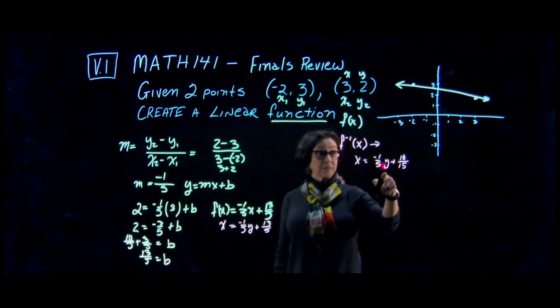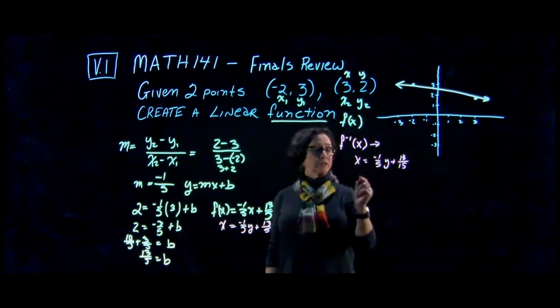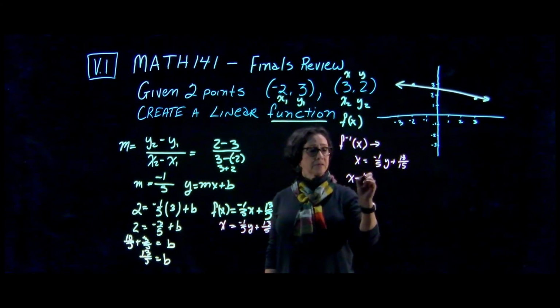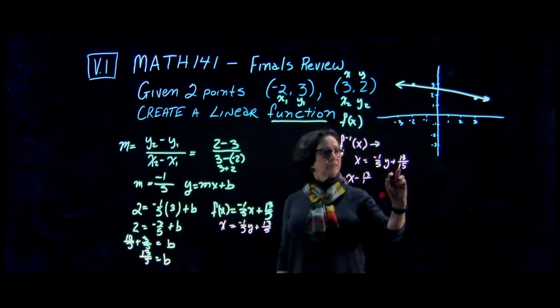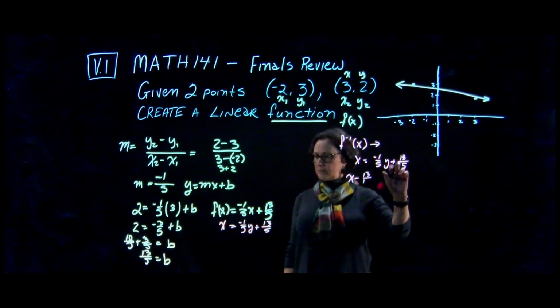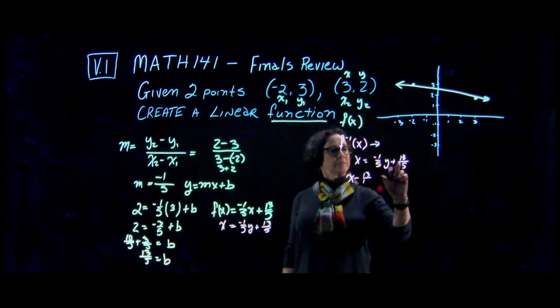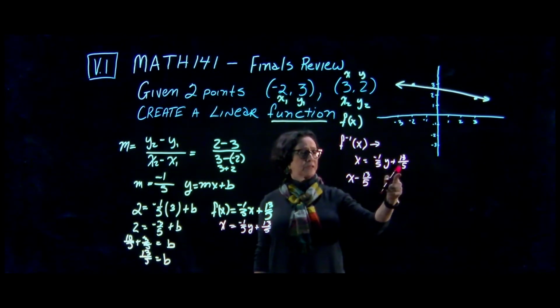Now I want to isolate my y to get this inverse function. So I'm going to subtract 13/5 from the x. Sorry, that should have been a 5 instead of a 15. I'm going to take that away there. Okay. So I'm subtracting 13/5 from both sides.